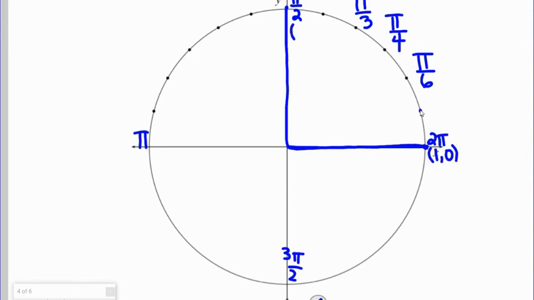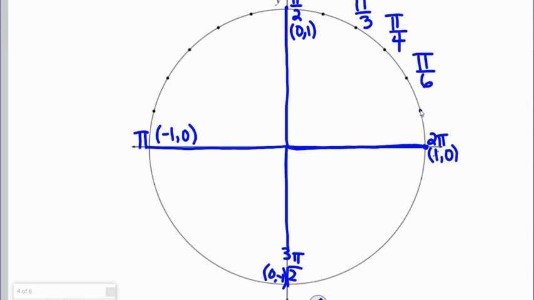Only here we didn't go anywhere on the x, we went over 1 on the y. For pi, it would be -1, 0. And for 3 pi over 2, that one would be 0, -1. That's just because the radius is directly on an axis, so those are the exact coordinates of those main points.